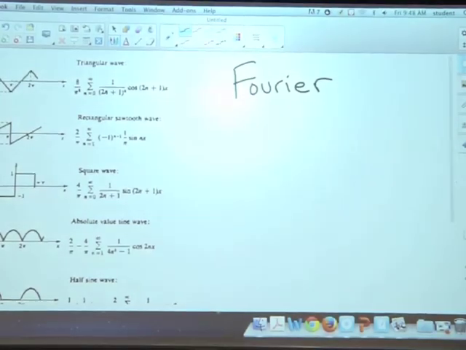Actually, it would be a few calculus classes down the road, so we're not going to do it here. But you can look at waves and break them apart into various sine curves that make up that wave.